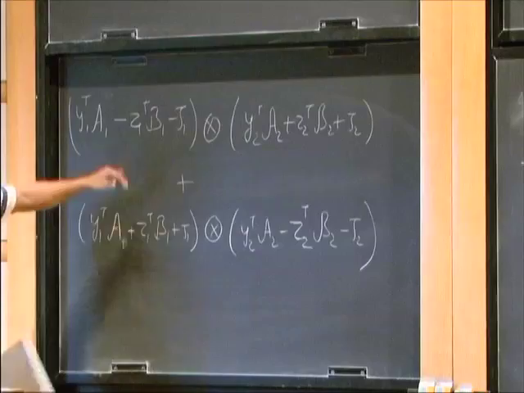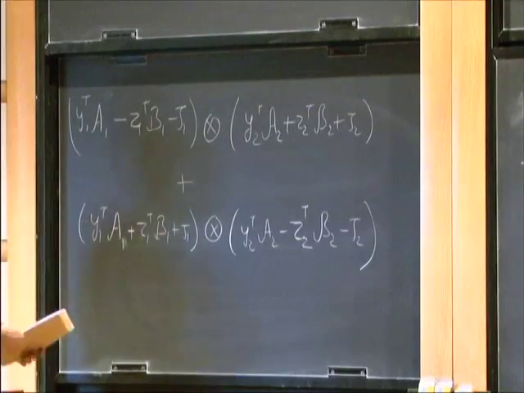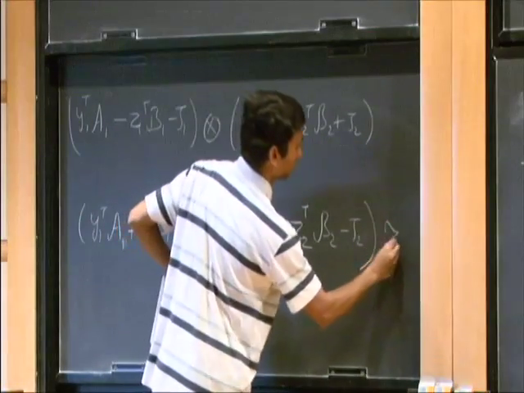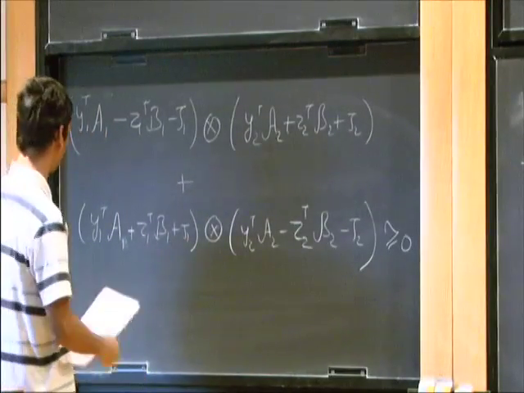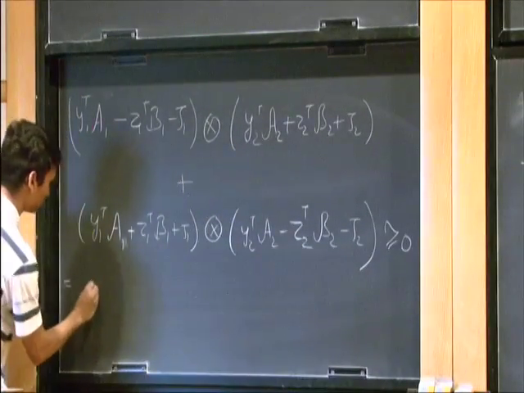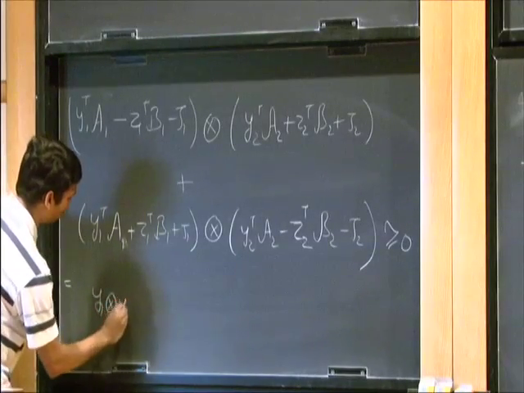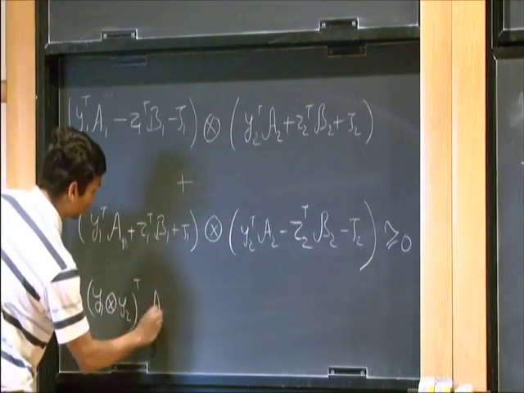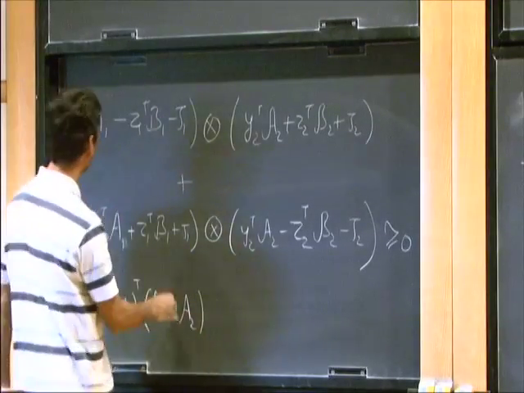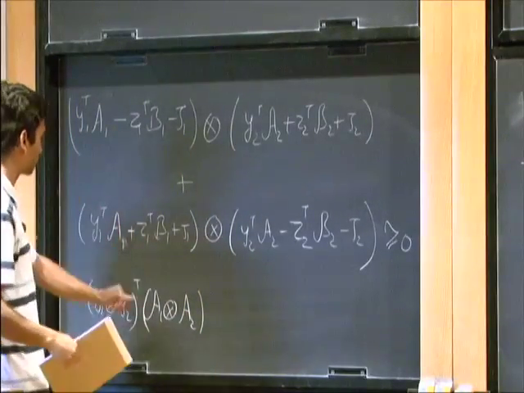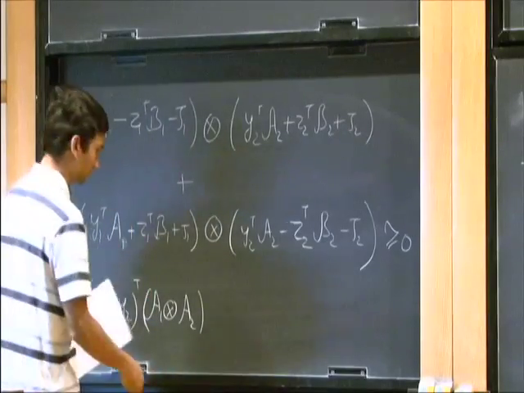So by the property of the semi-definite cone, this entire thing will be positive semi-definite. Then this will be equal to, so these are big matrices, and once you do the calculation, you can see that all these are equal.